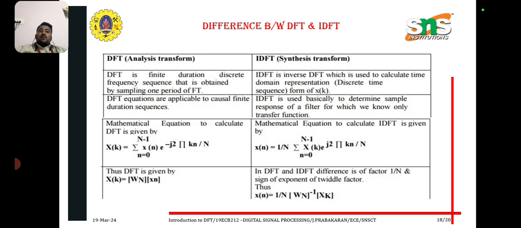DFT equations are applicable to causal finite duration sequences. IDFT is used basically to determine the sample response of a filter for which we know only the transfer function, and we know the DFT formula as well as the IDFT formula. This is the difference between DFT and IDFT.